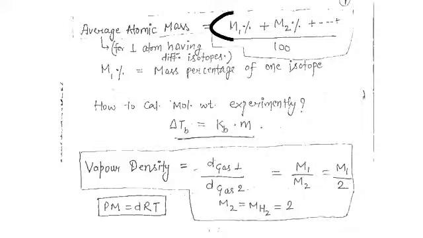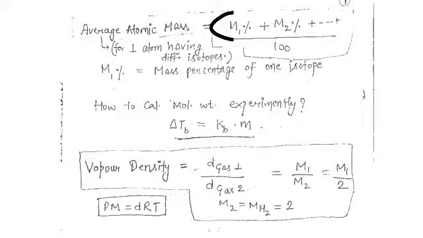For example, for fluorine atoms, 19F is 99% abundance. This M1 and M2 percentage means natural abundance.